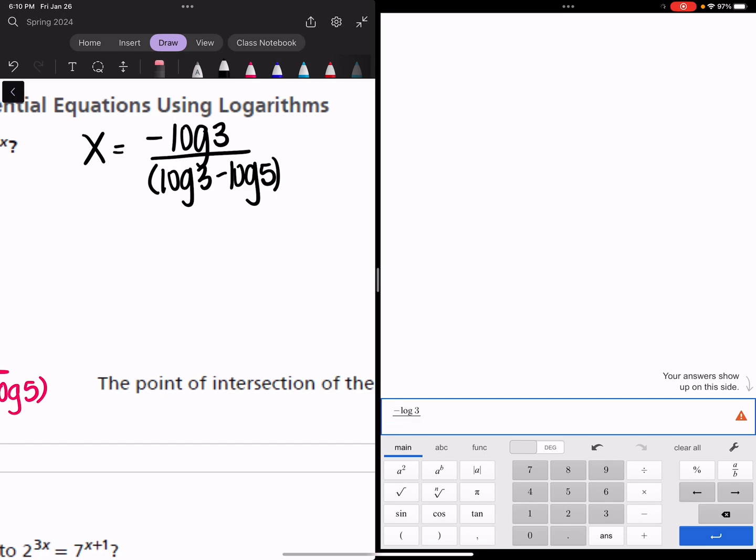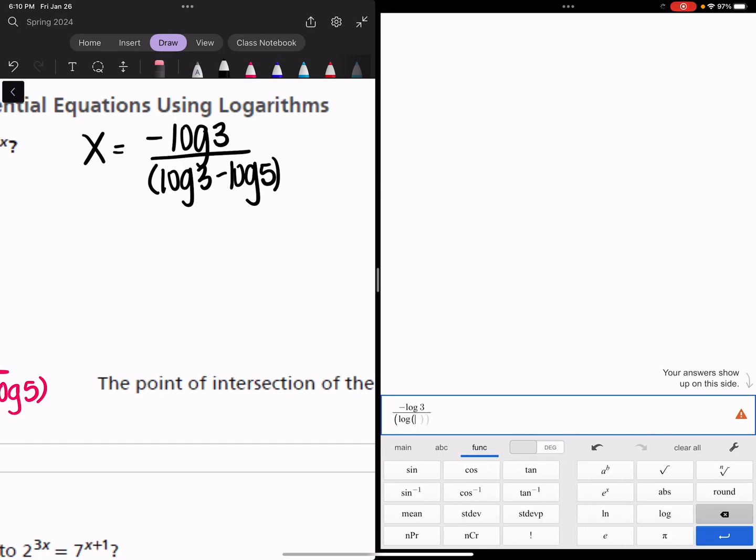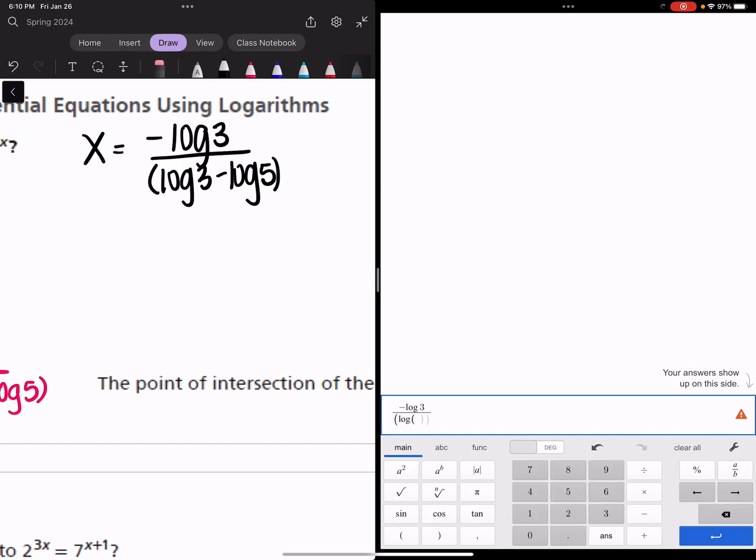So we're going to type it in exactly as we wrote it out. And so here we can see that x is approximately 2.15.